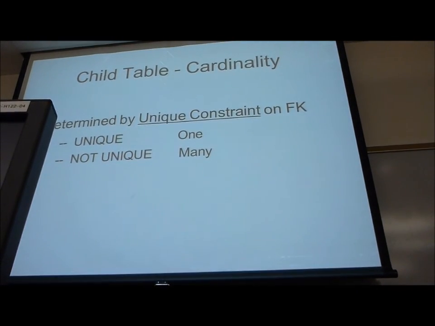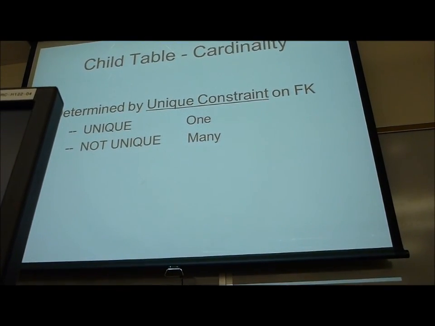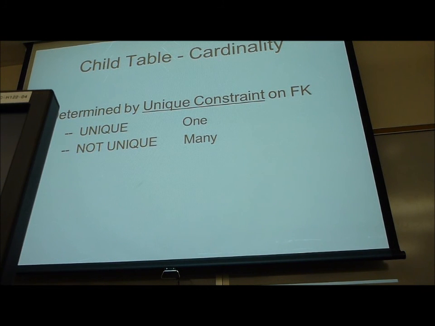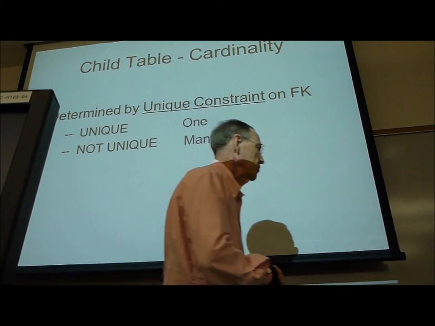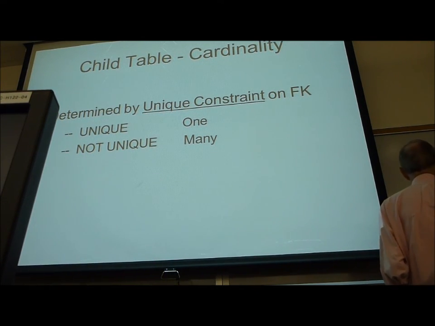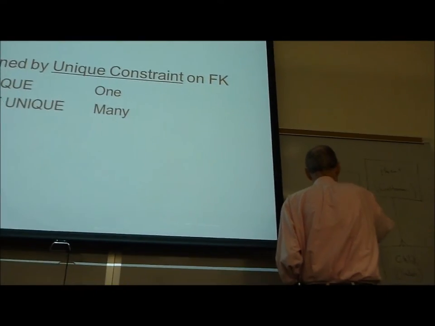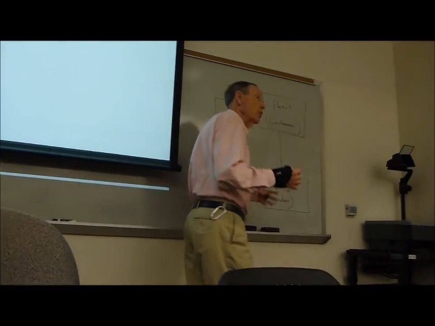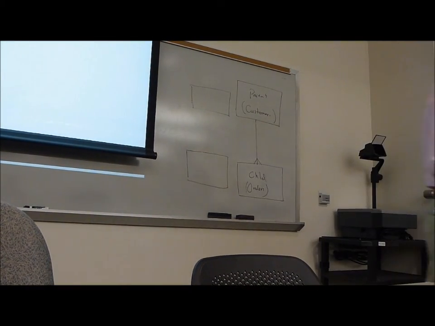Okay, how do we enforce that cardinality on the child table? Because on the parent, it has no meaning in the actual realm. But on the child table, I could have another comparison over here. So the only two that we can really do, we can't do many to many.